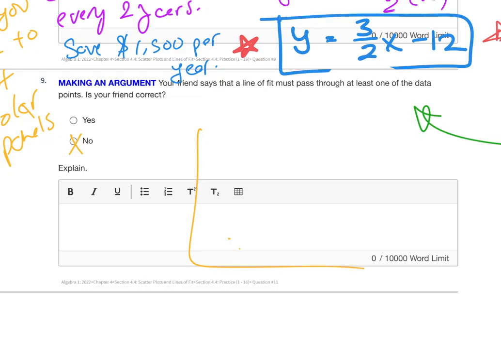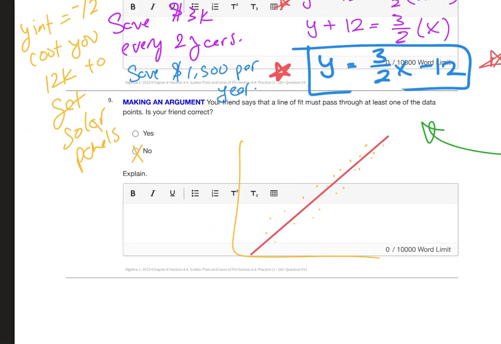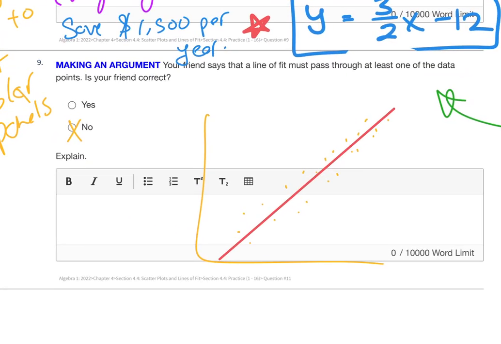You could have points like this, and that clearly has a positive correlation, and I'm kind of doing my best here. But imagine that it looks like that. Theoretically, that is not touching any of my points. Look, there's white between there, right? So the answer is no, and your explanation is it really just doesn't have to.